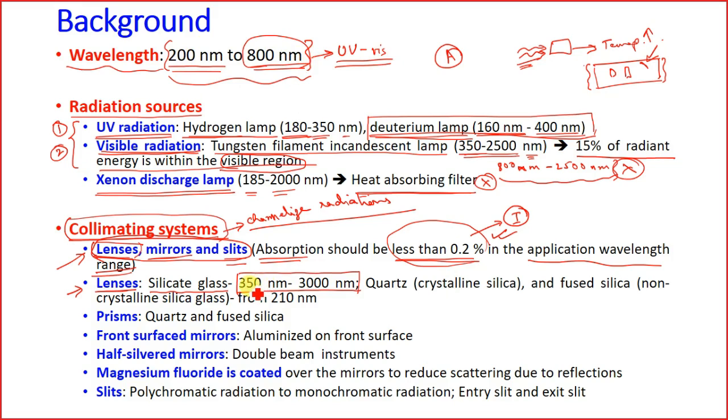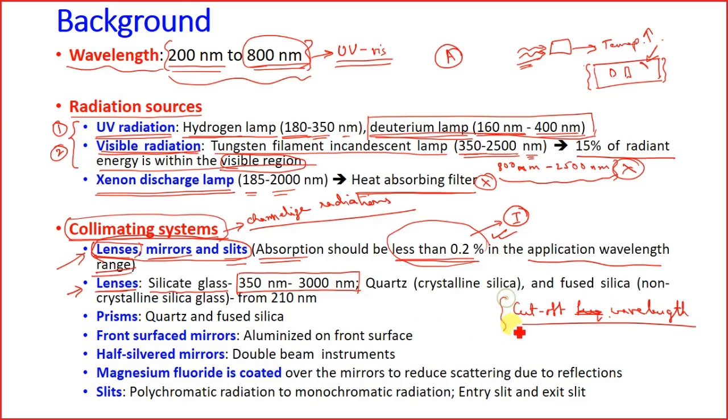But over here, the cutoff wavelength of the silicate glass is 350 nanometer. Herein, I have used a word cutoff frequency, or cutoff wavelength, in fact, because we are talking in terms of wavelength.